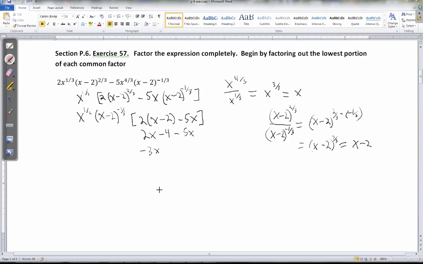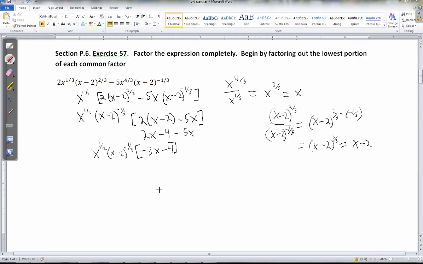Negative 3x minus 4. X to the 1/2. X minus 2 to the negative 1/3. On the next step, I think I'll use regular parentheses instead of square brackets, since I don't have two levels of parentheses anymore.